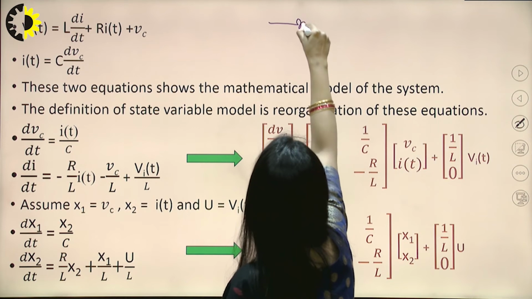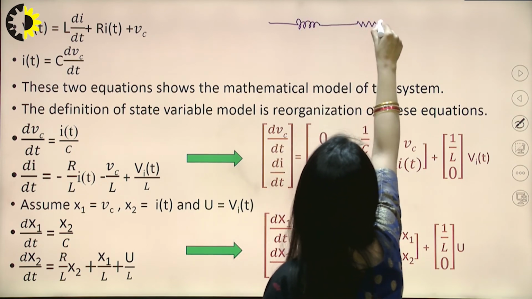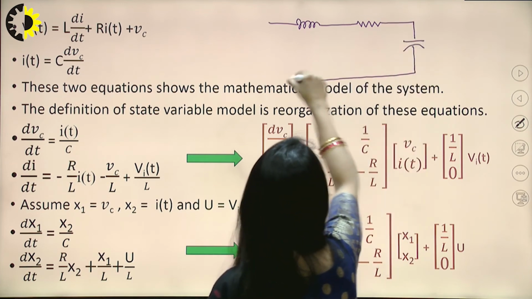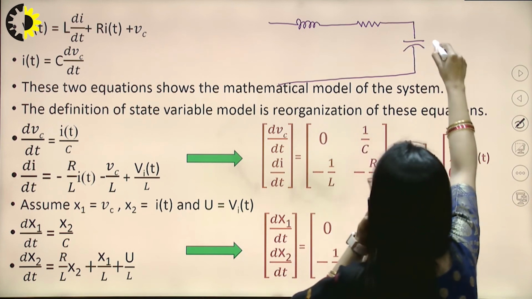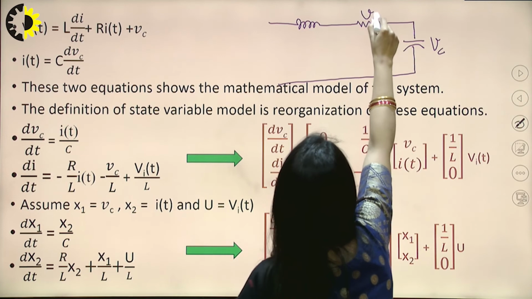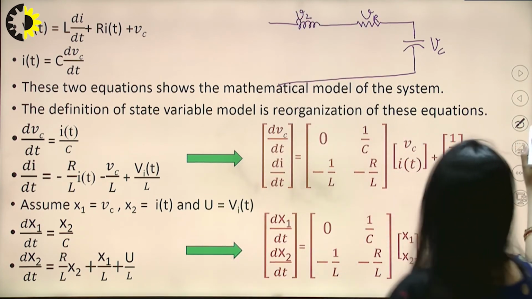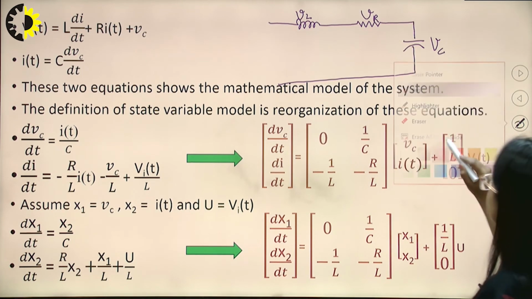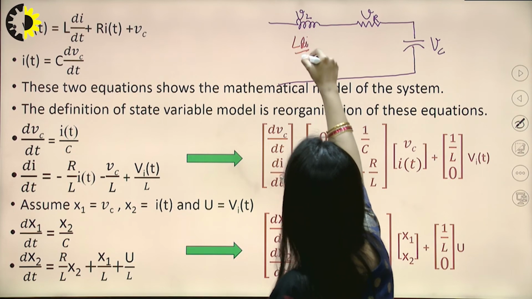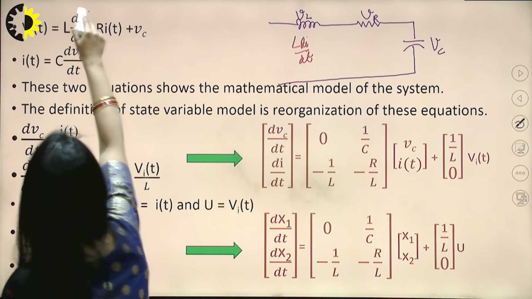This is the inductor, then we have a resistor, then we have a capacitor. So this is VC, this is VR, and this is VL. Now, VL is nothing but L di by dt. That's what we have written here.